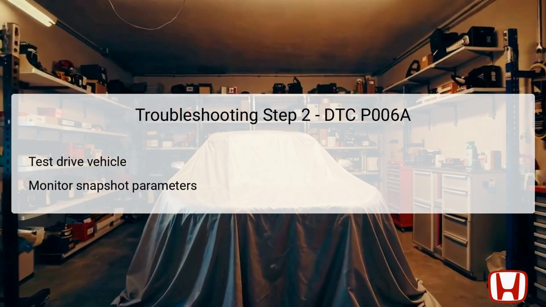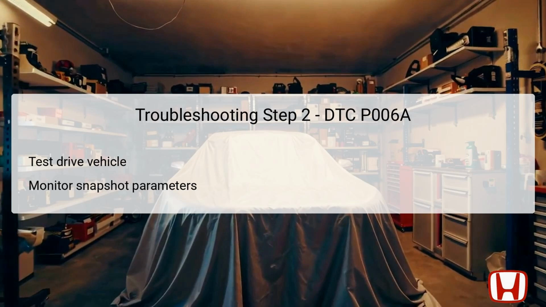The second step in troubleshooting DTC P006A involves performing a test drive of the vehicle over a few minutes. During this drive, it's essential to maintain a focus on the onboard snapshot parameters related to engine performance. Specific parameters to monitor include engine speed, vehicle speed, MAP sensor voltage, and throttle position, TP sensor readings.